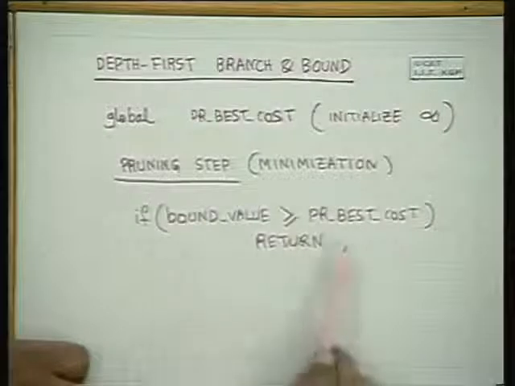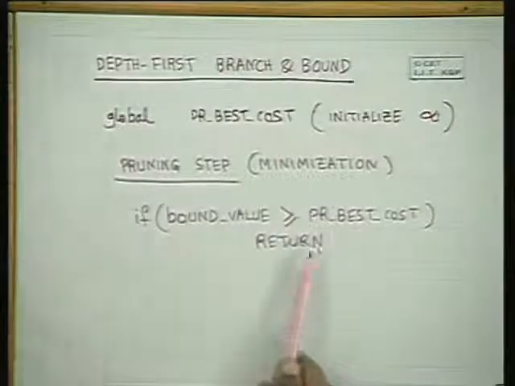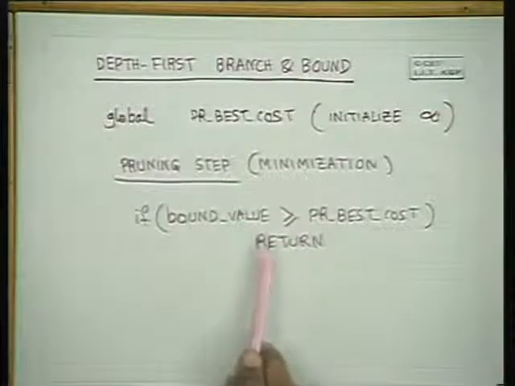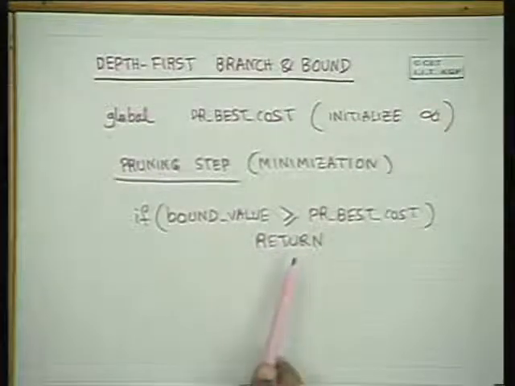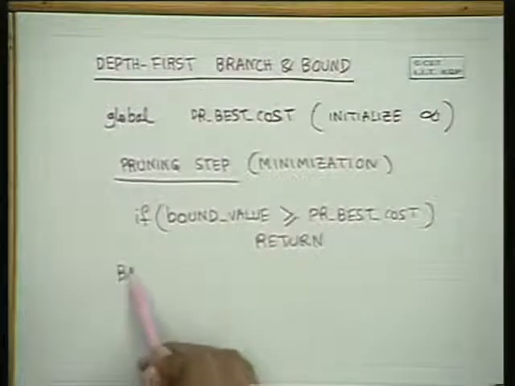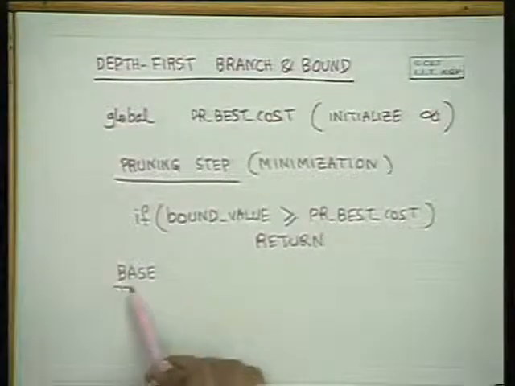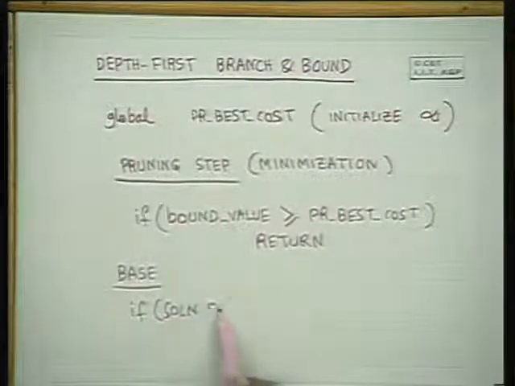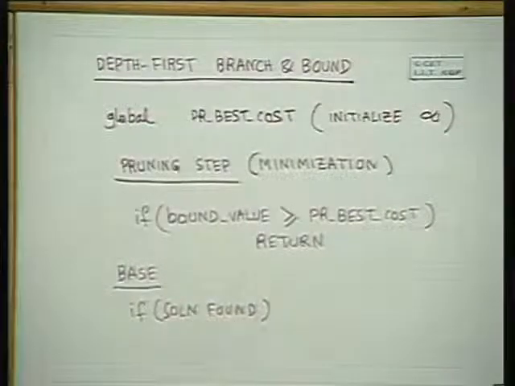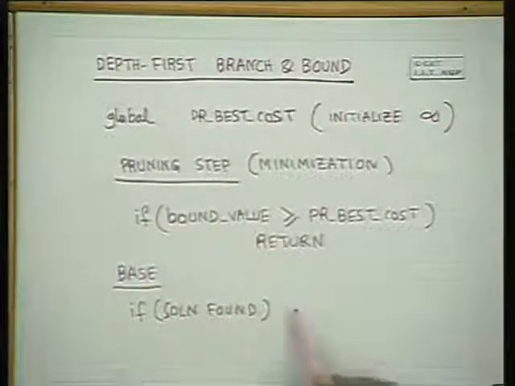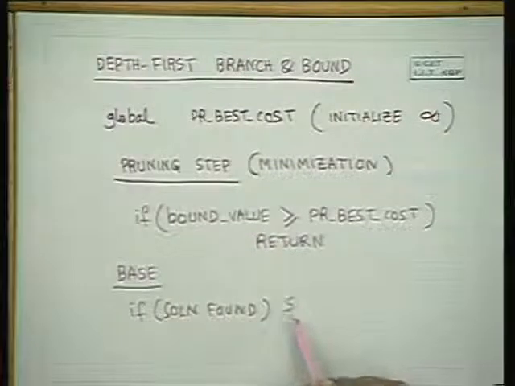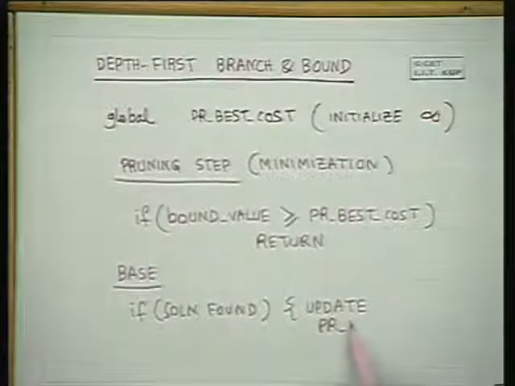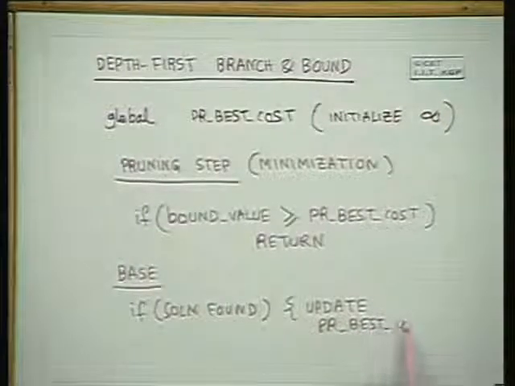So based on this concept, you need not go into the decomposition step. This will be just after your base conditions prior to decomposition. And in the base condition, if solution found, which previously you were returning the value, you will update the present best cost.